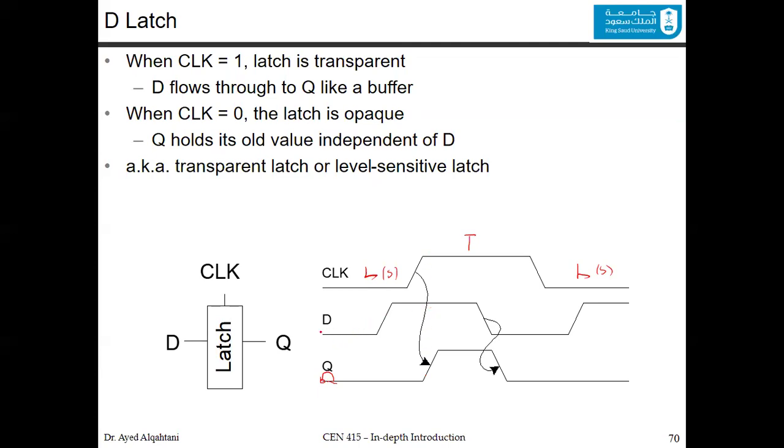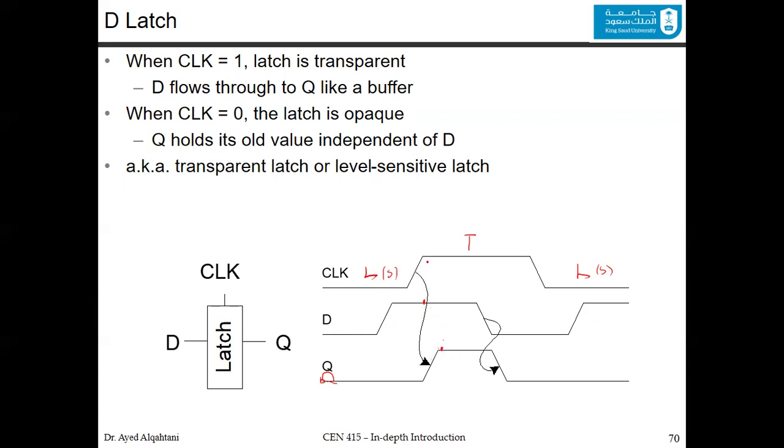The input could be anything. For example, it's 0 and 1 and 0 and 1. But at that time, when the clock is 1, now you look at D and you find D is 1, which means that the Q should have the same value. It is transparent with a certain delay.